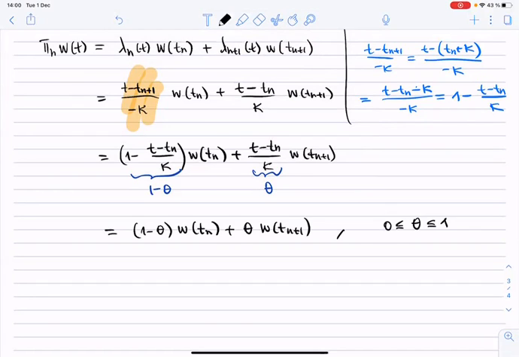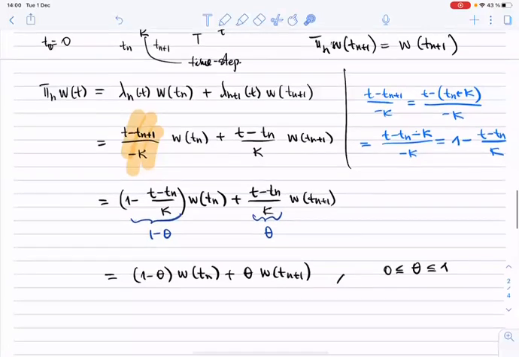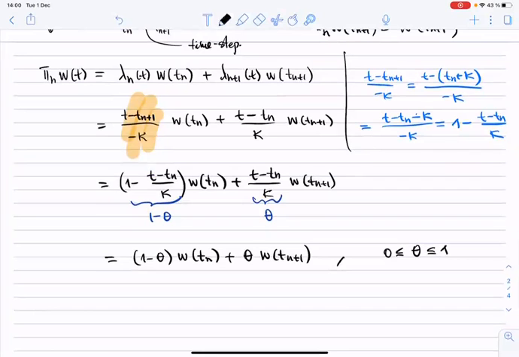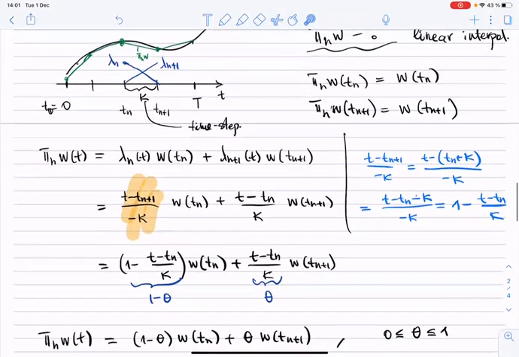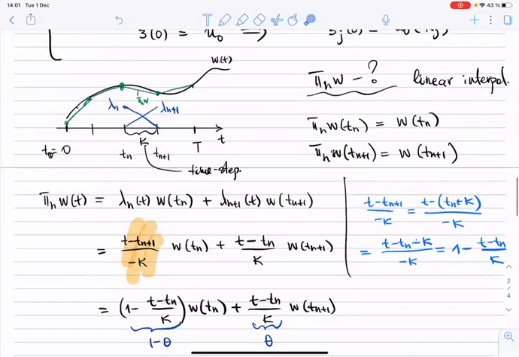Okay, so what we did here is, on the left we had this linear interpolant, wt, and on the right we get some kind of relation between the nodal values. Here is wtn, and here is also wtn plus 1.